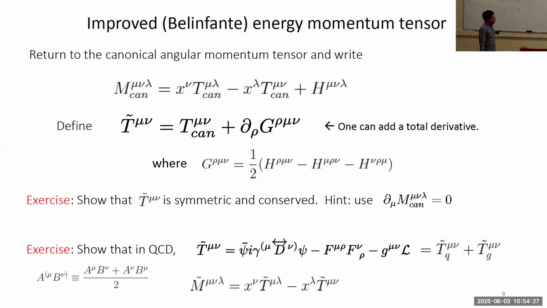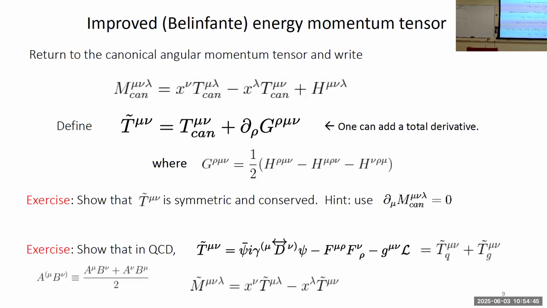And in the case of QCD, so this is for generic systems. It's not necessarily QCD. It always works. But in the particular case of QCD, what you get for T mu nu is this one. Okay, so that's another exercise.